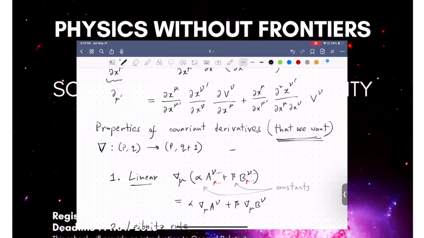So suppose you have a (p,q) tensor, which means that you have mu1 dot dot dot mu p, and then nu1 dot dot dot nu q. And if you take a derivative of this thing, you add another covariant index, right? So you go from a (p,q) tensor to a (p,q+1) tensor.